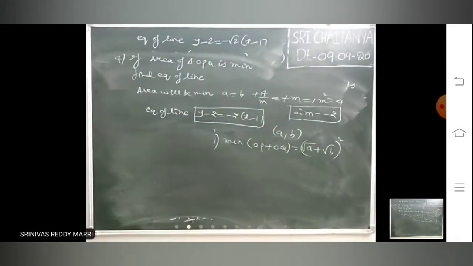That is the formula. Root A plus root B whole square.